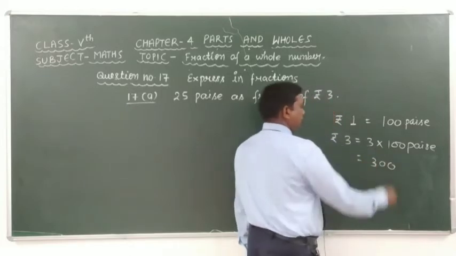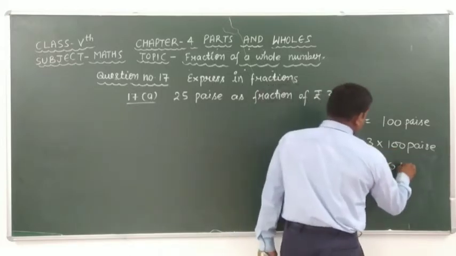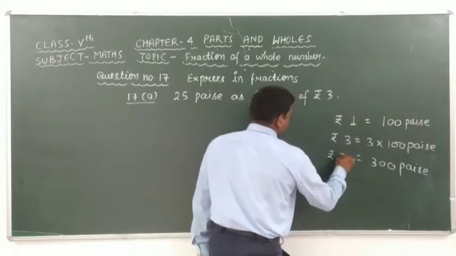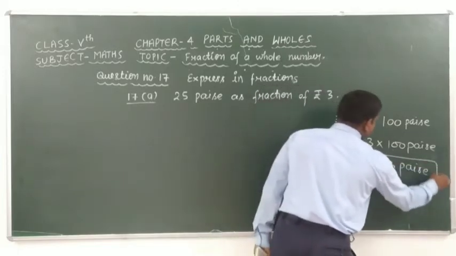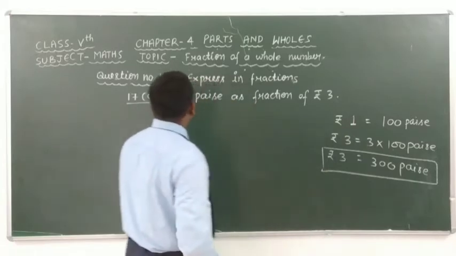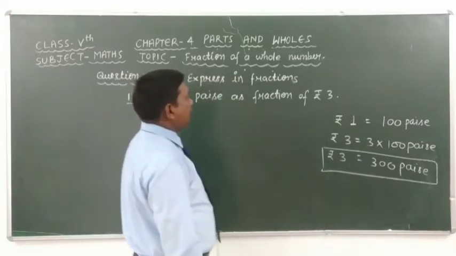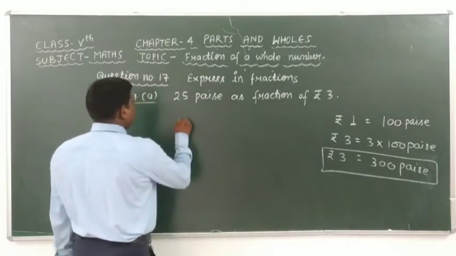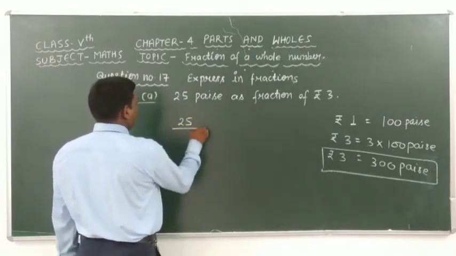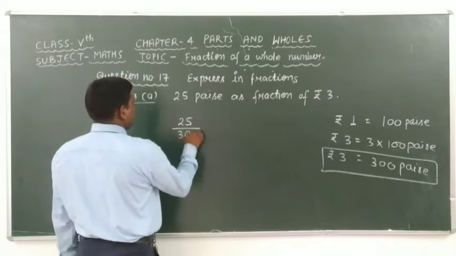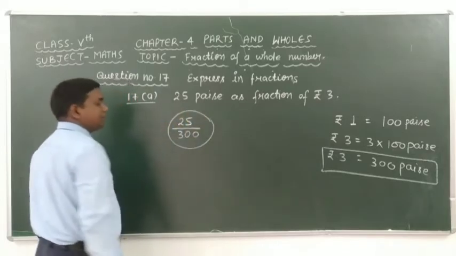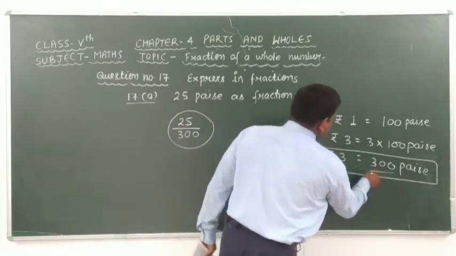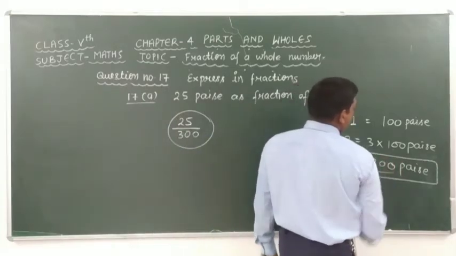It means that 100 times 3 is 300 paise. Then rupees 3 is equal to 300 paise. Therefore 25 paise as a fraction of rupees 3, the fraction is 25 over 300. Understand, dear students? Then the fraction is 25 over 300. If any student has a doubt, please ask me.